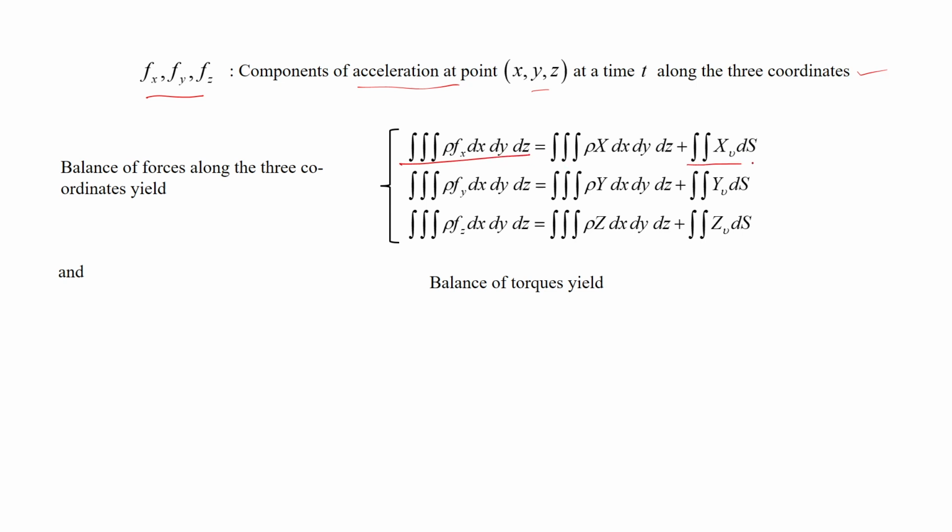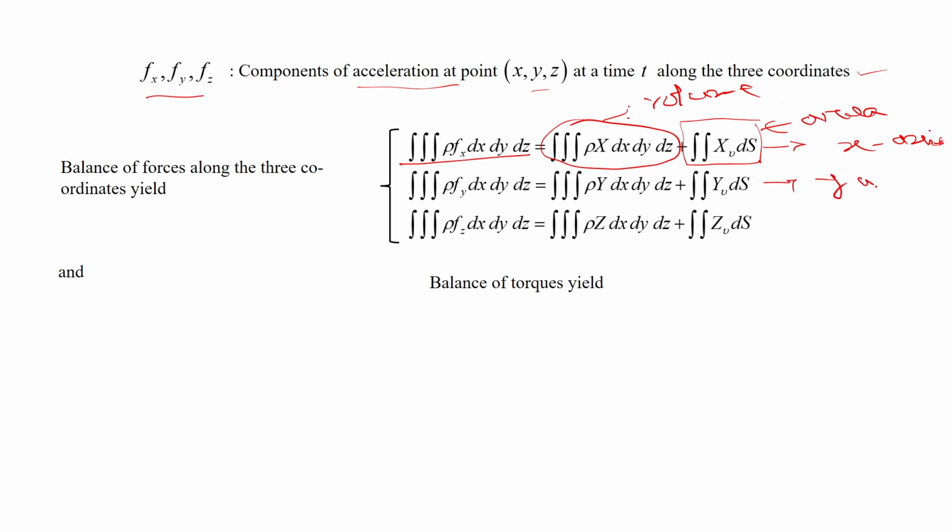So, X nu dS is the integration over the area, and this is the volume integration, and this is again a volume integration. So, this particular equation defines the balance of forces along the x axis. Similarly, this is the balance of forces along the y axis and this is along the z axis.